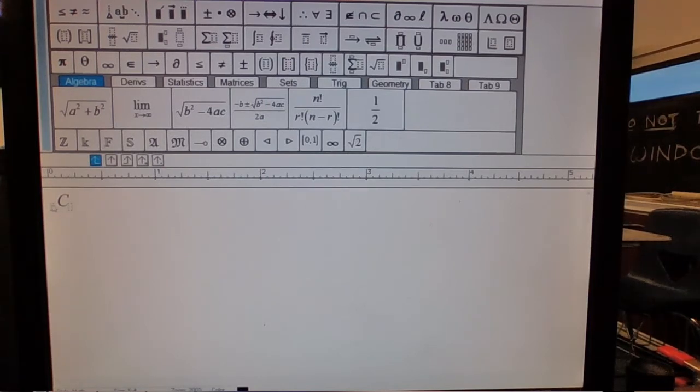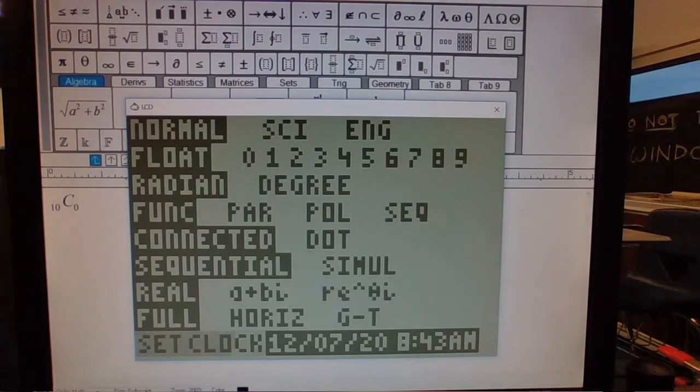I know some people might be having a hard time seeing this, but there should be a dotted little box here that you can take your cursor and highlight and type in 10 in there, and then you can highlight this other box and type in 0 in there, and it will actually calculate it that way. Does that make sense? So math print is a nice feature if you have that available to you.